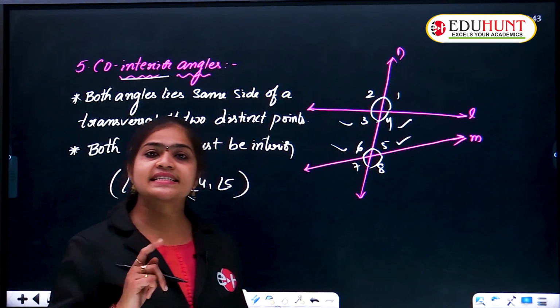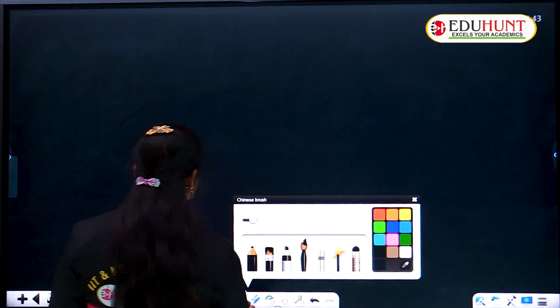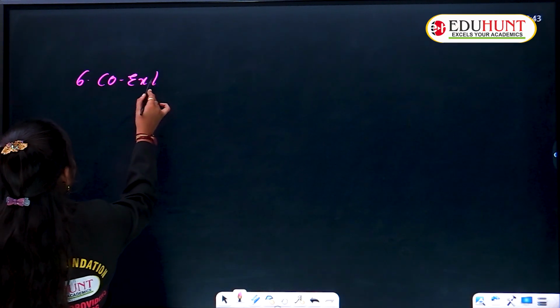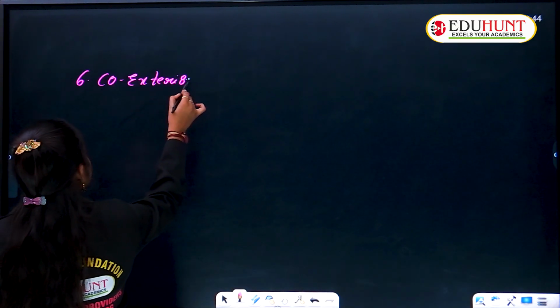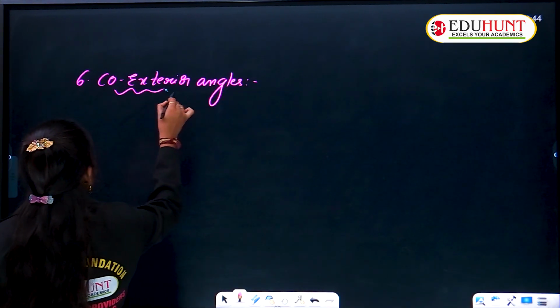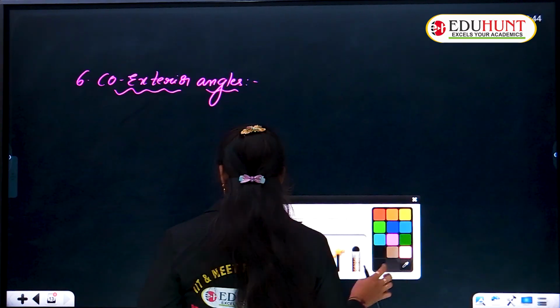Now here, co-exterior angles means what? Again, co-exterior also has the same definition. Co-exterior angles means, again, the same definition. What is that?